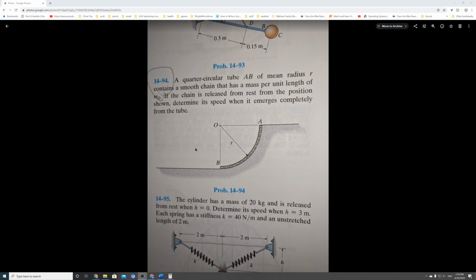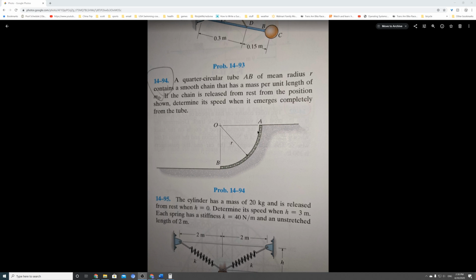Okay, so this is a conservation of energy problem, right? Initially, there's no kinetic energy associated with this chain. There's only potential energy, and depending upon where we define our datum point, in this case it'd probably be good to define it right along the horizon here, at that point you'll have zero potential energy.